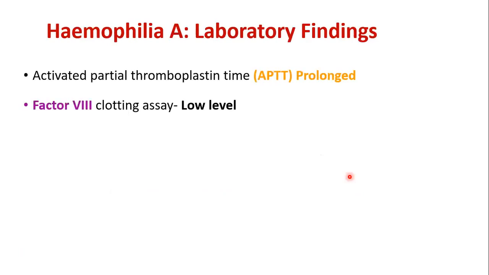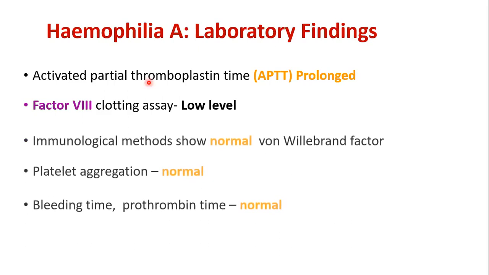Okay, lab tests. Factor 8 deficiency, obviously in hemophilia A, leads to prolonged APTT because factor 8 is involved in the intrinsic pathway. So activated partial thromboplastin time is prolonged. Factor 8 assay, when you do it, you see low levels, depending on mild, moderate, severe.